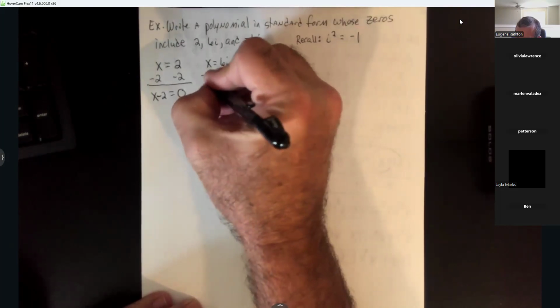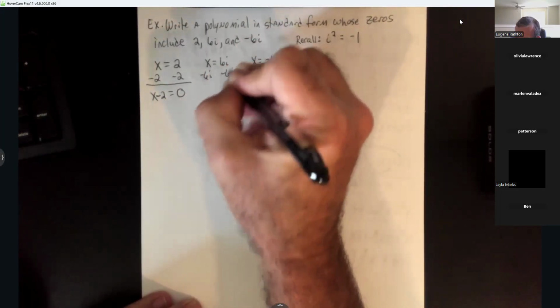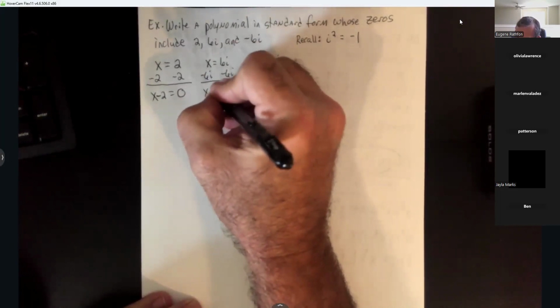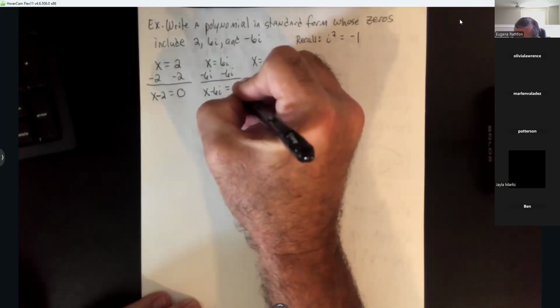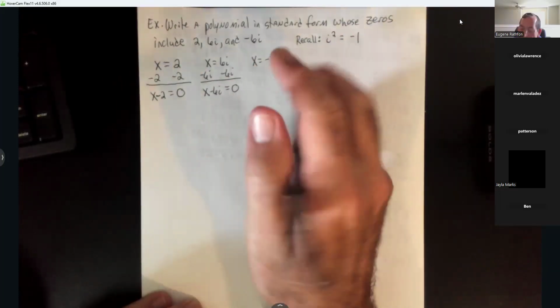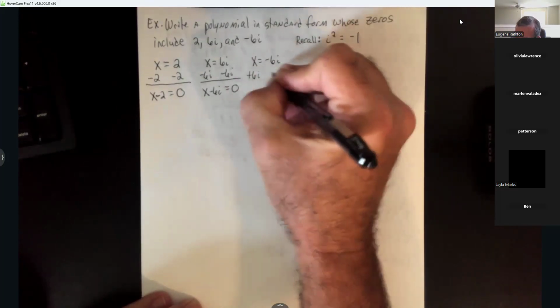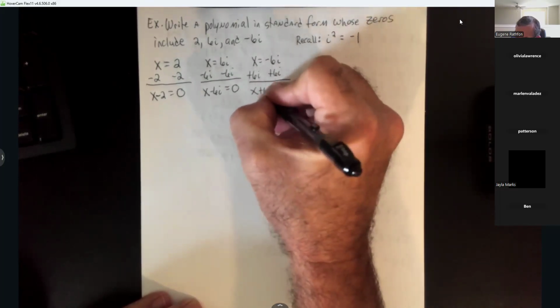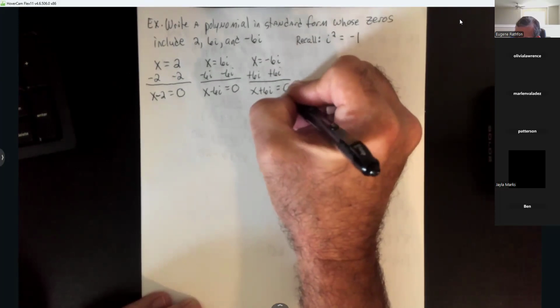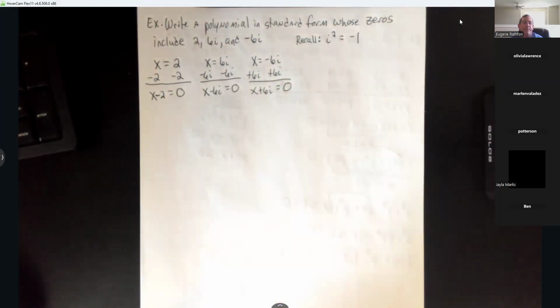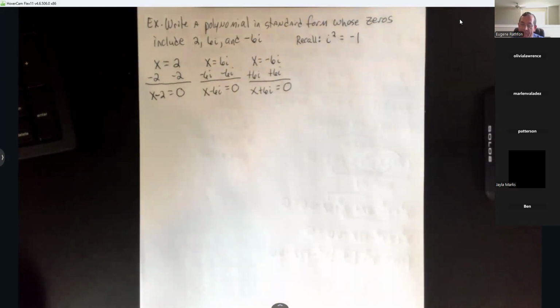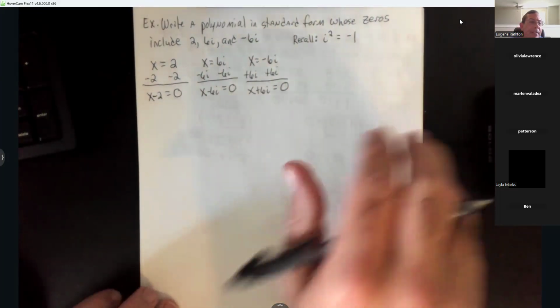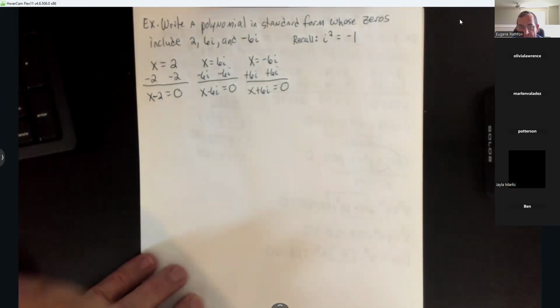Right here, I'm going to subtract 6i. I get x minus 6i equals 0. And then the last one, I'm going to add 6i. So that I get x plus 6i equals 0. Alrighty. Got three equations equal to 0. We're going to put them in parentheses and set this whole thing equal to 0.